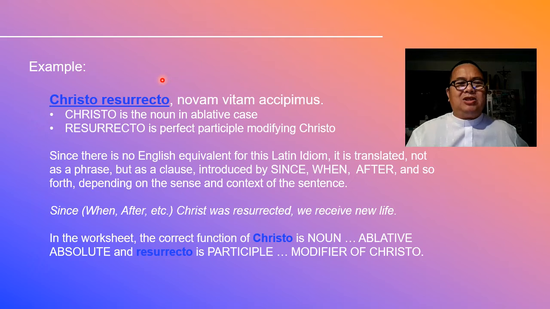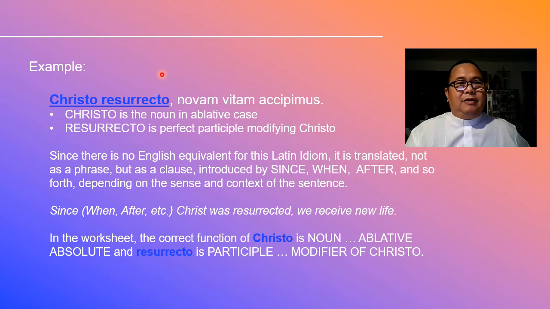But when it is translated to English, it becomes a clause. So what is the difference between a phrase and a clause? A phrase is a group of words. That's all. A clause is a group of words with subject and predicate.